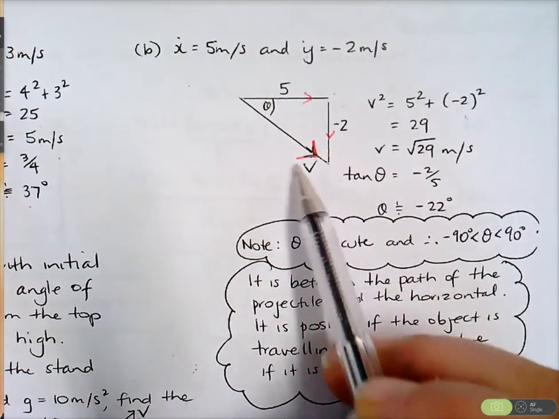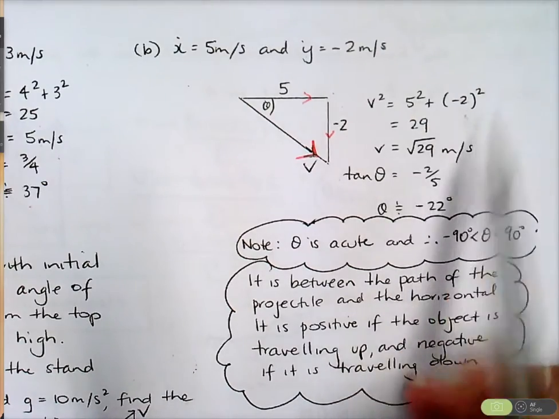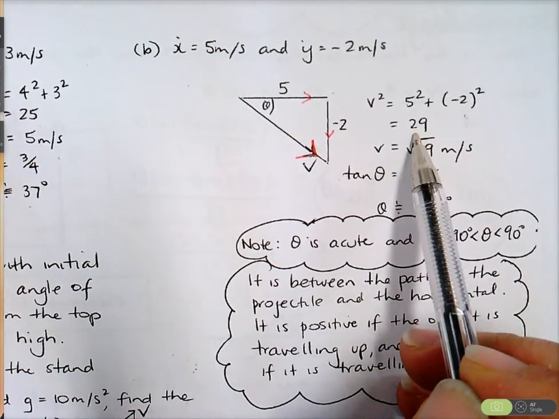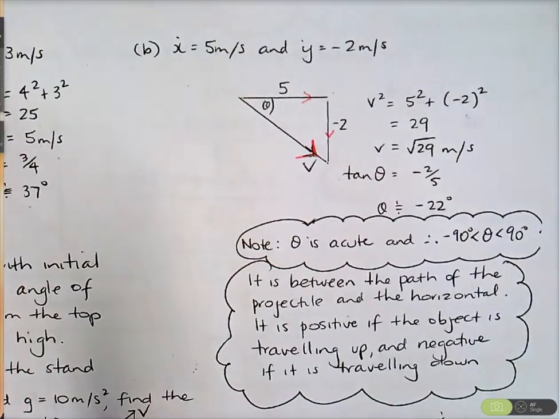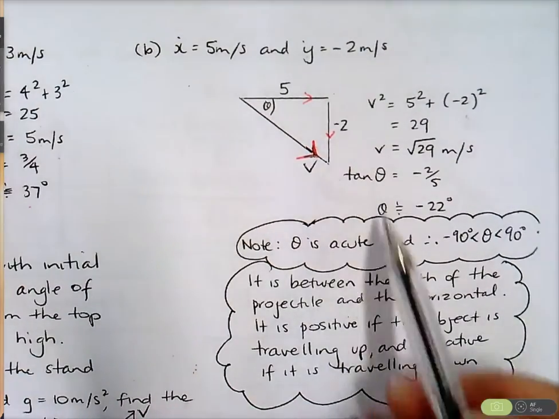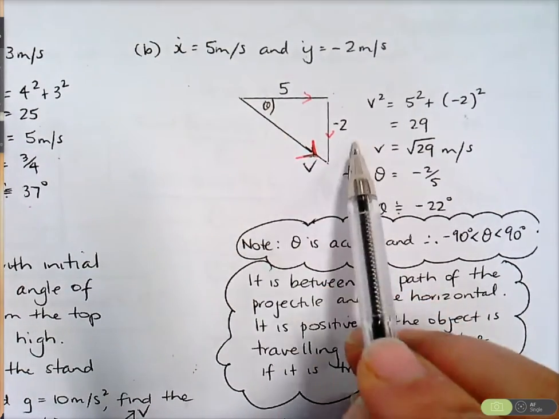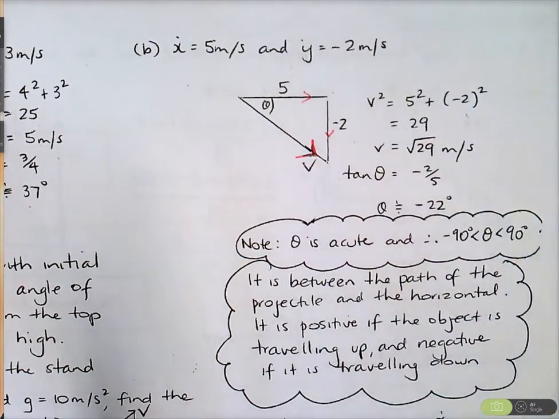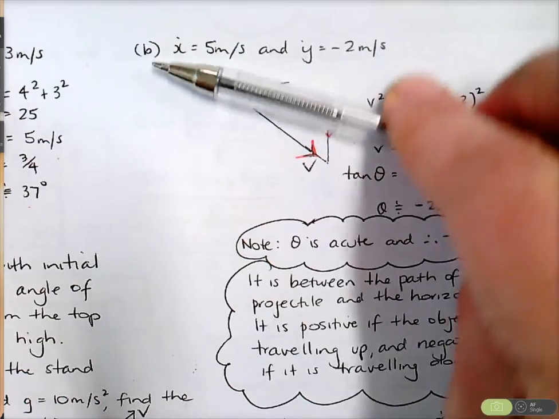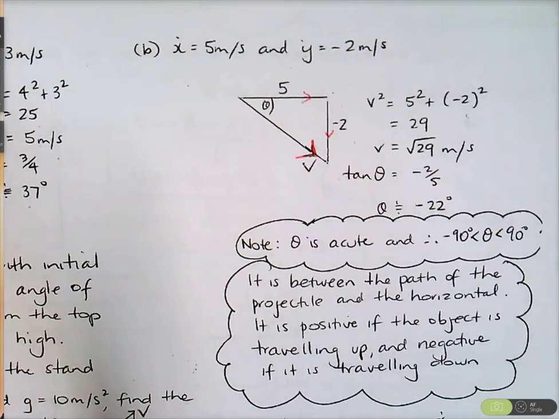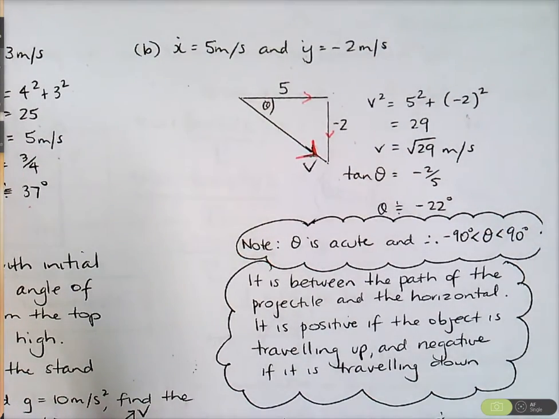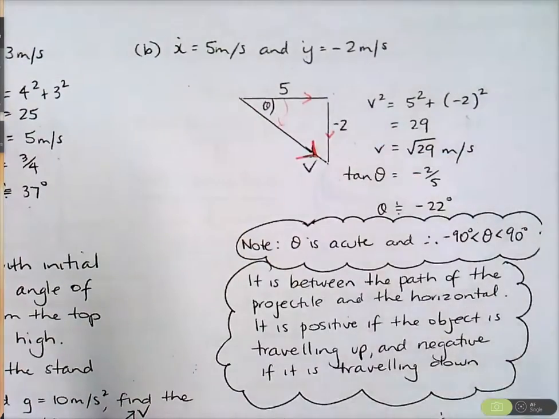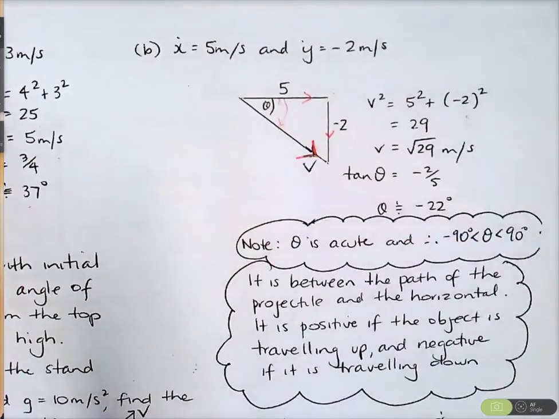So therefore, v squared is 5 squared plus negative 2 squared, which is 29, square root of 29, 5 point something. Tan of theta is negative 2 on 5, and you'll get negative 22 degrees, meaning a negative angle means it's measured clockwise from the horizontal, from the positive x-axis. So that angle down there is negative 22. It just means it's 22 going downwards.